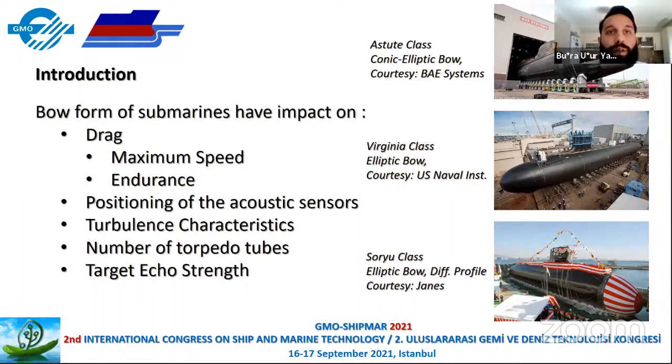It is also associated with the positioning of acoustic sensors, torpedo tubes, and starting conditions for the flow around the hull. One of the main design criteria for submarines is to ensure that the incoming laminar flow is transmitted along the submarine hull without being disturbed.